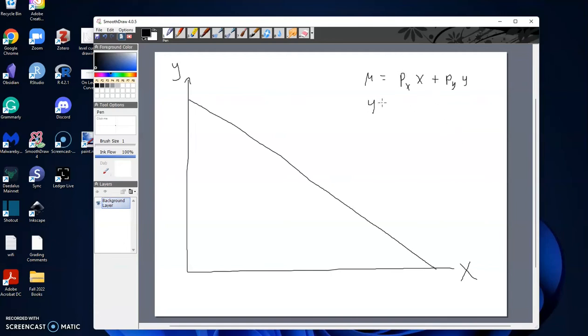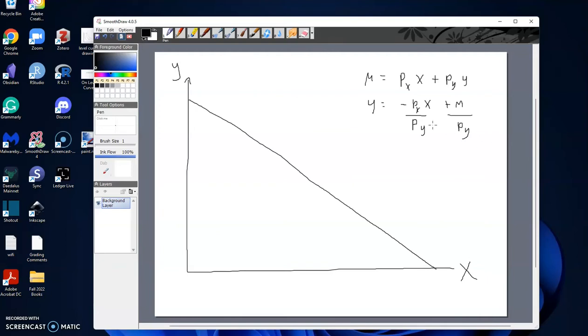So this is going to be Y equals negative px times the good x plus m. And then of course we have to divide py all the way through it.